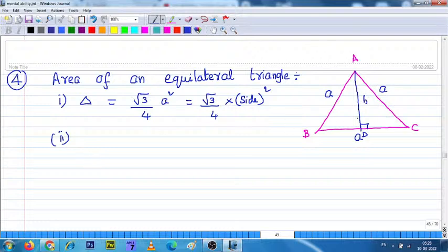Now h, the altitude or height of an equilateral triangle, ఎత్తు అనొచ్చు దీన్ని, is equal to root 3 by 2 times a, that is root 3 by 2 times side. So you can remember like this also. This is related to the area of an equilateral triangle, సమబాహు త్రిభుజం యొక్క వైశాల్యం.